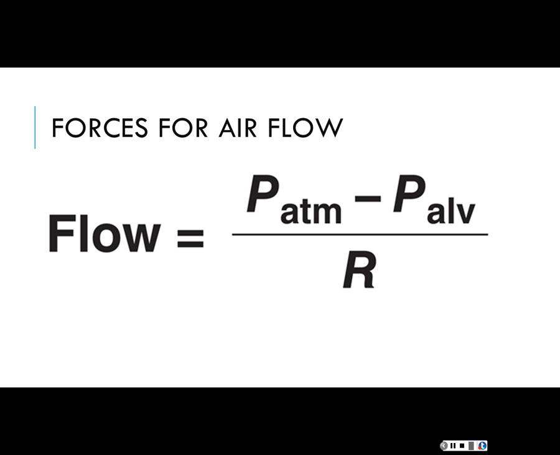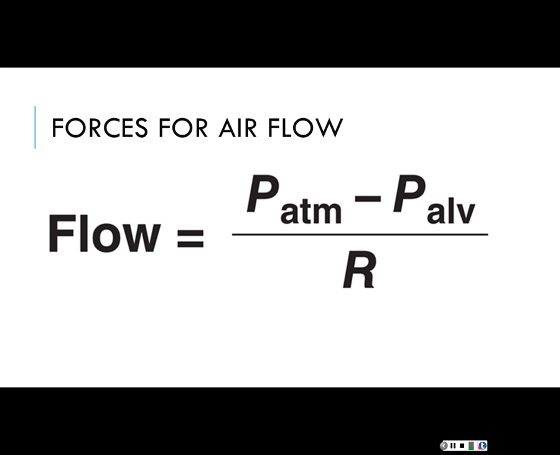The bigger the pressure gradient, what happens to my flow of air? More flow. Okay, so same thing. There's a direct relationship with the pressure gradient, as summarized here, the gradient between the atmosphere and your alveoli. The bigger that difference is, the more flow, the faster.